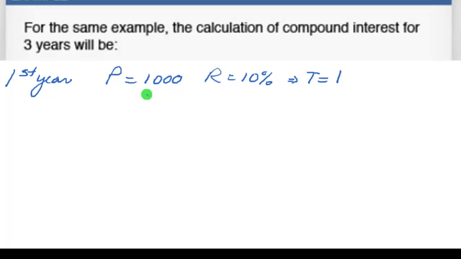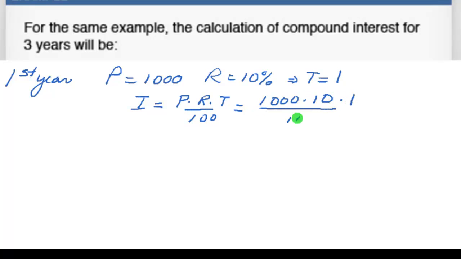So our interest will be P times R times T over 100. So 1,000 times 10 times 1 over 100. And canceling here, we get $100. So the first year, you make $100, okay?